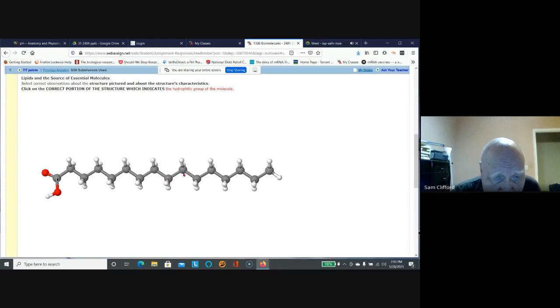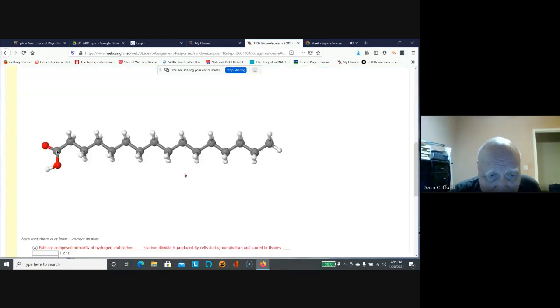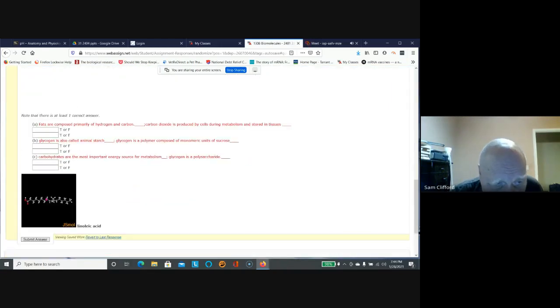This part of the molecule is very waxy or oily, and that's why it's called a fatty acid. If we go down here and look at this molecule again, you can click on individual representations of atoms, and you can know whether it's carbon or hydrogen or oxygen.